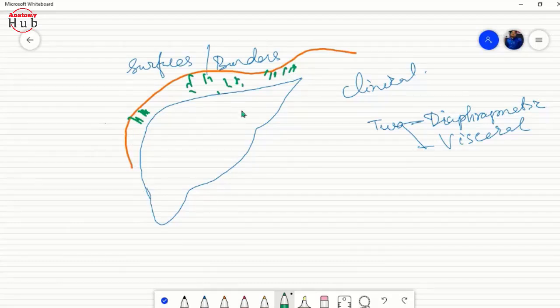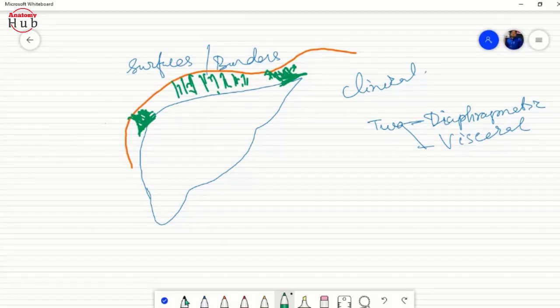At the diaphragmatic surface, on the right side, you will find a ligament in a triangular shape, which will be known as your right triangular ligament. And here this portion is another ligament, your left triangular ligament. And here you will find the coronary ligament.